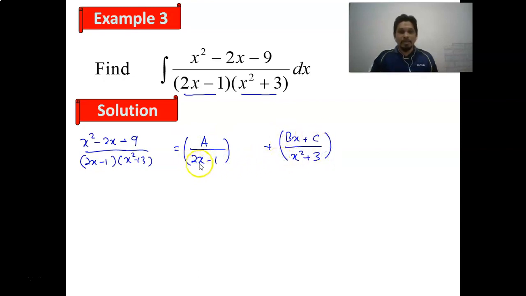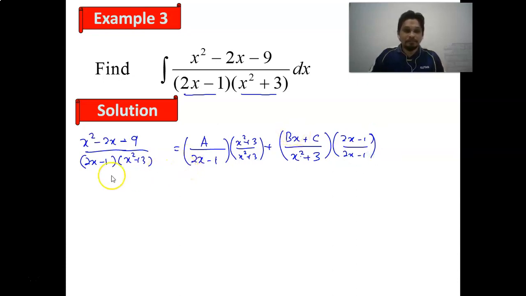So now we are going to equalize the denominator of these two with the denominator of the original question. For 2x minus 1, we need to multiply with (x squared plus 3) divided by (x squared plus 3), and also here multiply with (2x minus 1) divided by (2x minus 1).